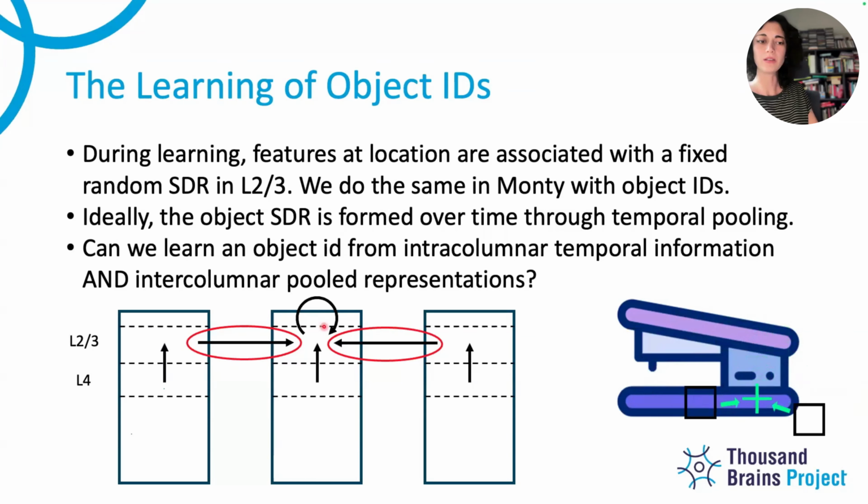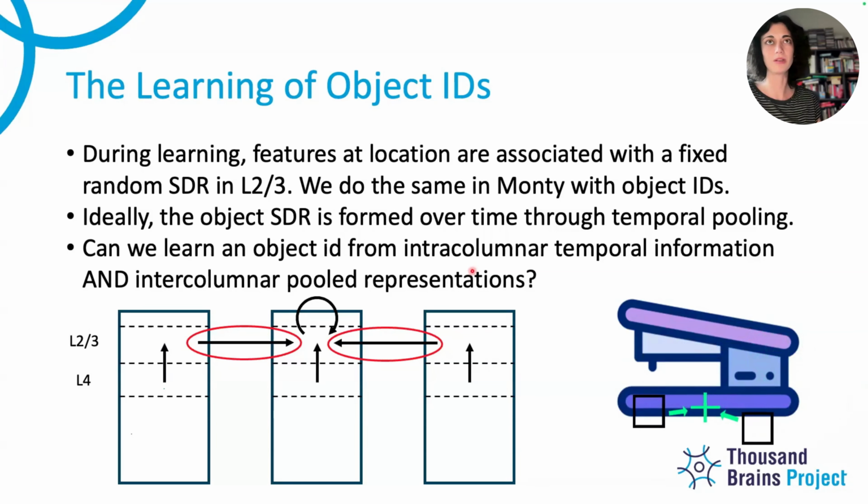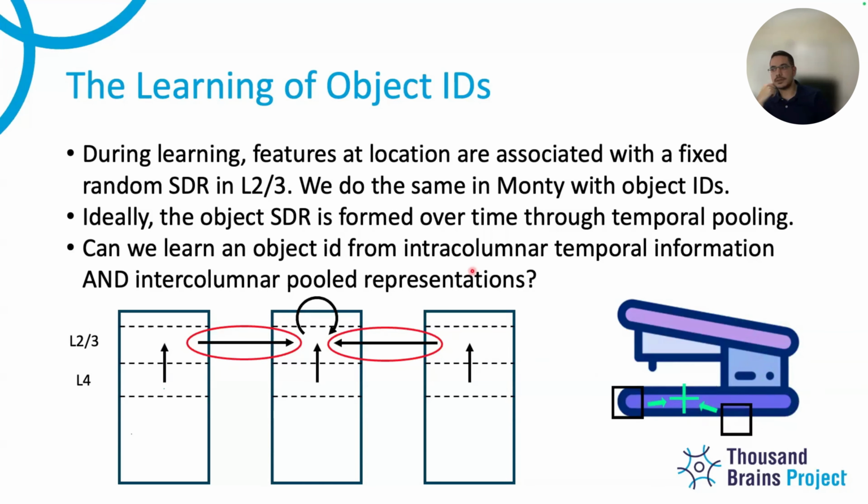I don't see where the dynamic SDR comes into that picture, but I think that's an interesting idea to think about, that depending on which columns are on the object, the receiving column will get votes of that object ID arriving at different synapses. I haven't thought through yet if that would be useful. No, I don't know how that would work, but yeah, there are open questions about rotation also.